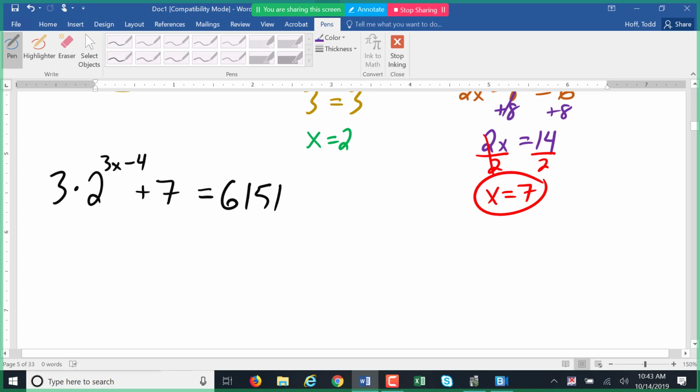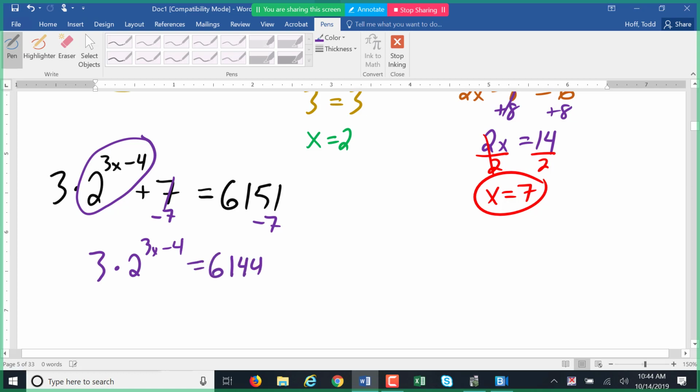First, we have to get the exponential by itself. Remember, this part here is the exponential: the base and its power. First thing I have to get rid of here: that exponential is multiplied by 3, and then 7 was added to it. We have to reverse that. We have to subtract the 7. We get 3 times 2 to the power of 3x minus 4 equals 6,144.